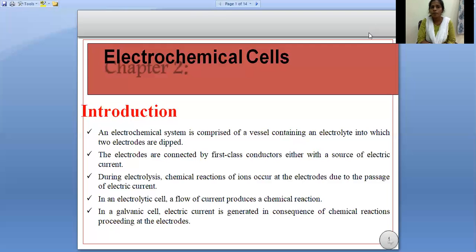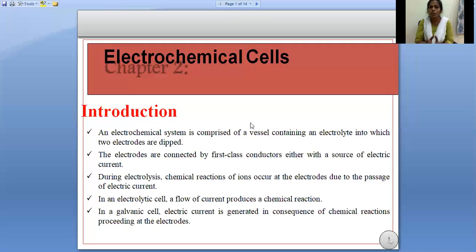Now let us see the next topic in today's session, that is electrochemical cells. But before that, do you know what a cell is? A cell contains two electrodes, anode and the cathode. So now let us see the introduction of electrochemical cells. An electrochemical system is comprised of a vessel containing an electrolyte into which two electrodes are dipped.